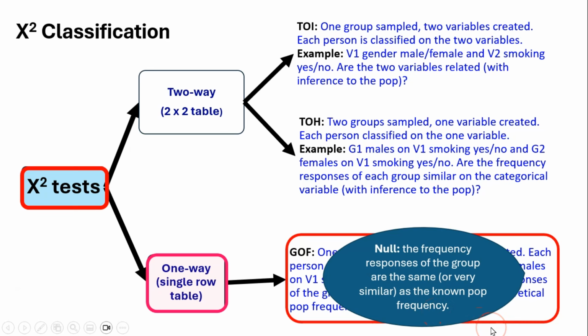And so in this case, you're actually wanting to maybe have your data be consistent with the null rather than wanting to have evidence against the null. So those are the three tests that are done. And what I'm going to do now is we're going to go through each one of those and give you an example and an interpretation.